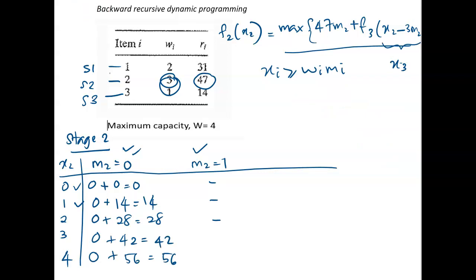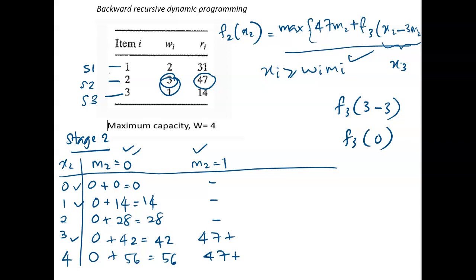Now for m2 equals 1, again substitute m2 equals 1 and the value of x2 into this equation. So 47 times m2, where m2 equals 1, is 47. And you have to add, when x2 equals 3, f3 of 3 minus 3 times 1, which is f3 of 0.